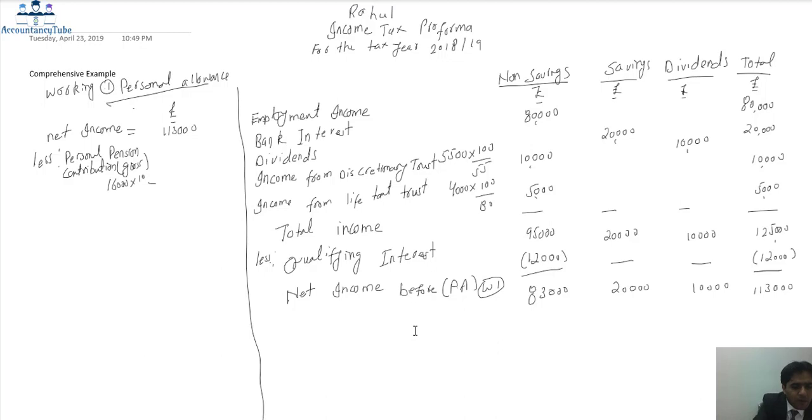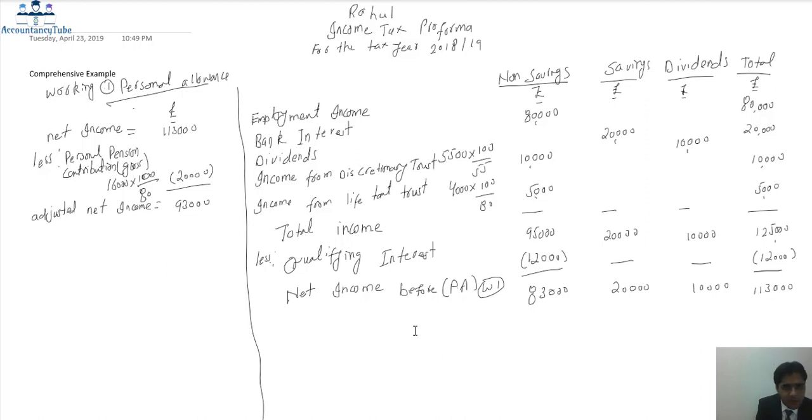So 100 over 80, that's £20,000. So we'll have to deduct the £20,000 out of 113, and the remaining amount is £93,000. That is our adjusted net income.